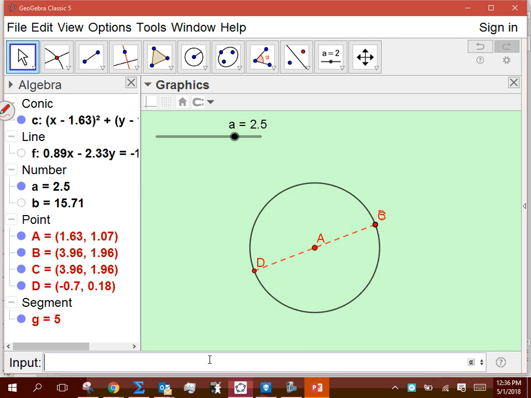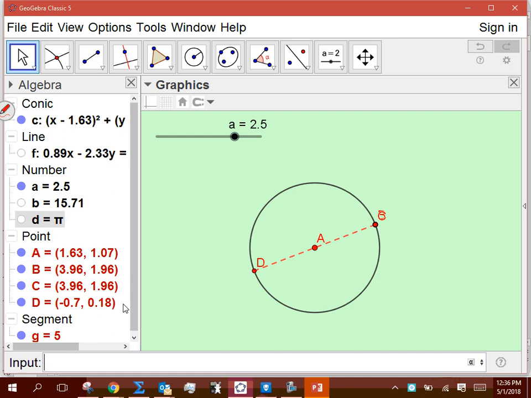If I take my circumference divided by my diameter, my circumference was that B value, and I divide it by my diameter, which is this red distance they're calling G, and hit enter, see how I get pi?